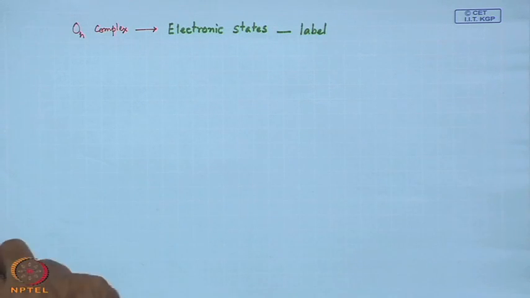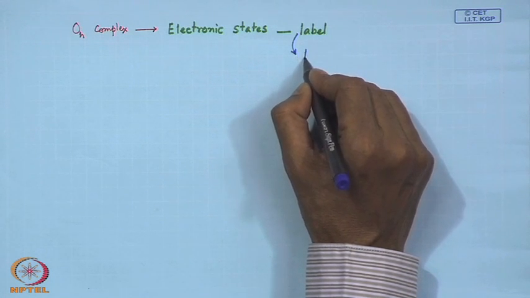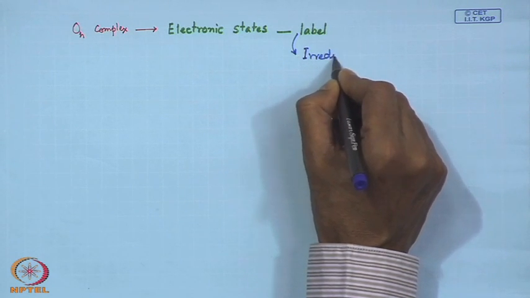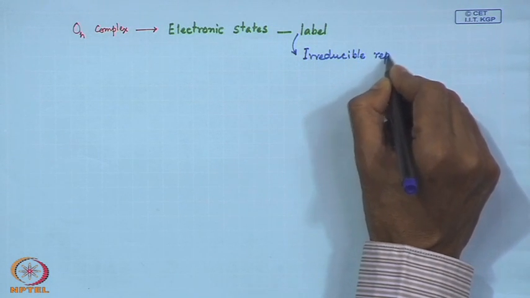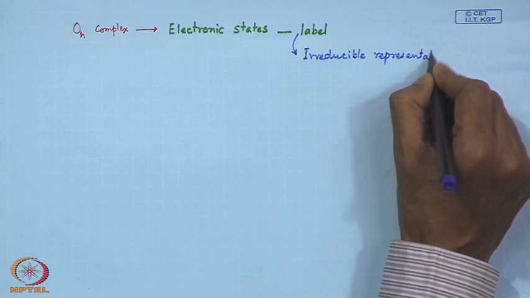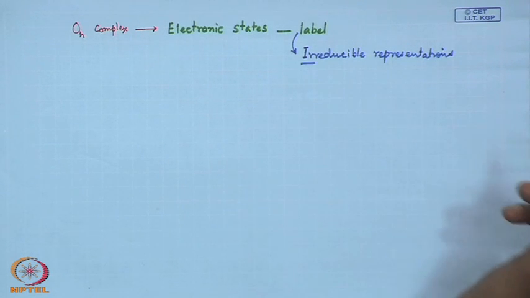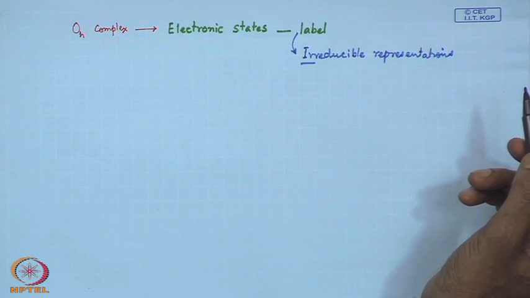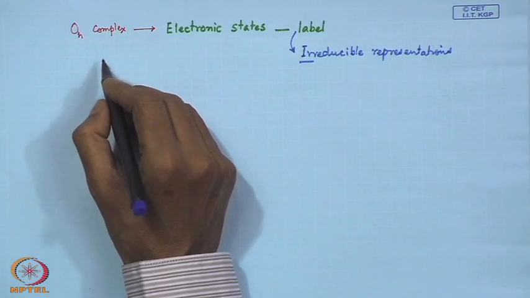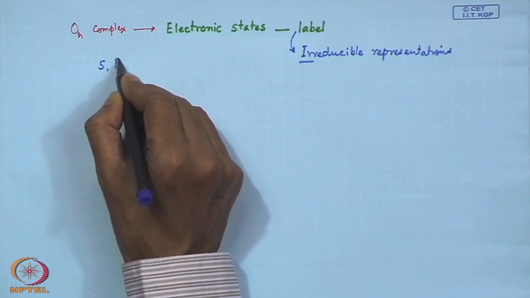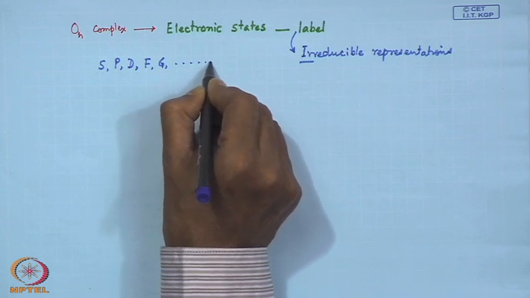And in group theoretical terminology, these levels are nothing but their corresponding irreducible representations, those representations which cannot be further reduced. That is why they are irreducible representations; in the group theory character tables we can get that. So, we have the corresponding S level, P level, D level, F, G, etc. levels.